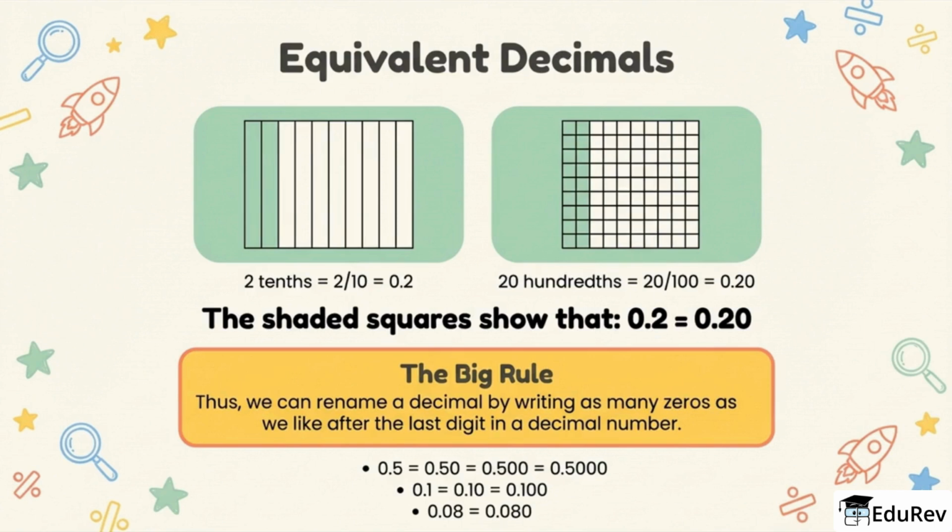You can add zeros to the right of a decimal without changing its value. 0.5 equals 0.50 equals 0.500, and 0.08 equals 0.080. These extra zeros can make place value or column work easier.